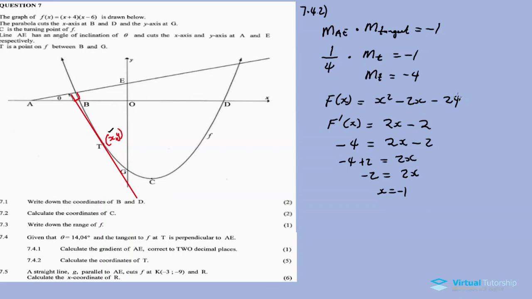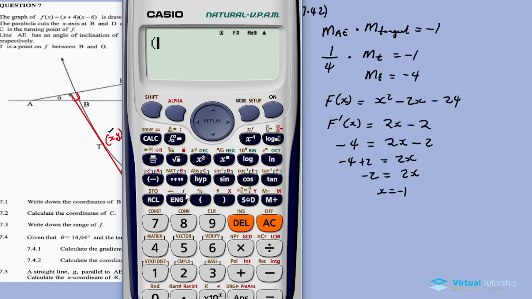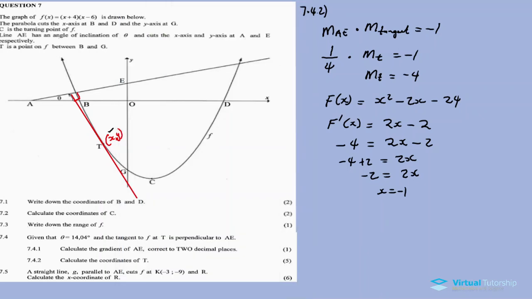Therefore, I go back to the original equation, substitute into it, and find the y coordinate for the point T. Substituting -1 gives 1 plus 2 minus 24, which is -21. So y is equal to -21.